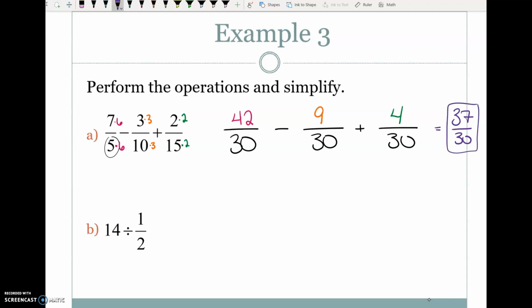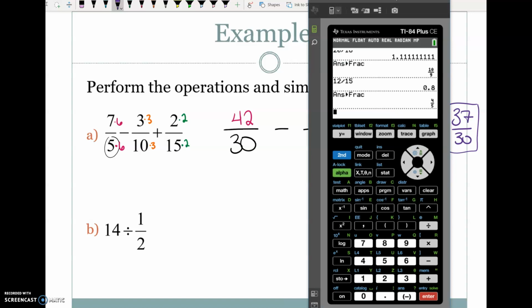Now, some of you right now might be saying, hey, if we've got this fancy calculator, couldn't we just put this whole thing in? Yeah, you could. In the graphing calculator, you just want to use the division key. So I like to put parentheses around my fractions just to keep them separate.